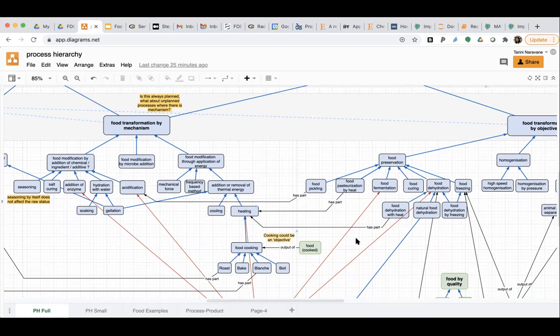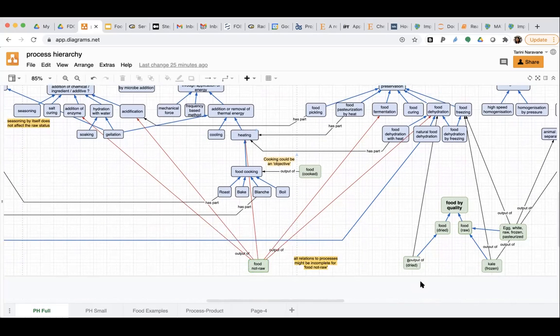For that, as we've done here with food raw and food not raw, food safety is not something we want to build into the ontology, but you could use the ontology for that use case. Nutrition security, I don't know what you mean, but I'm sure it's definitely a use case.